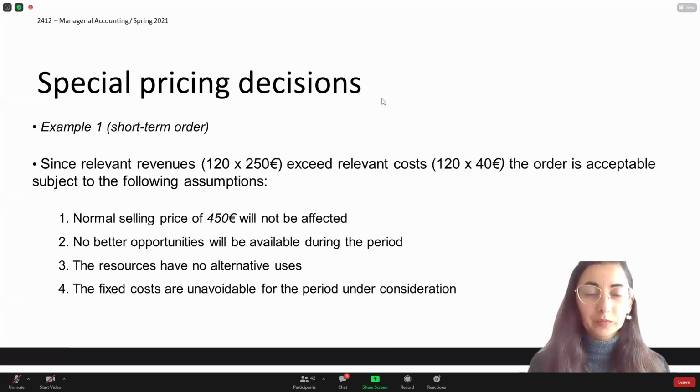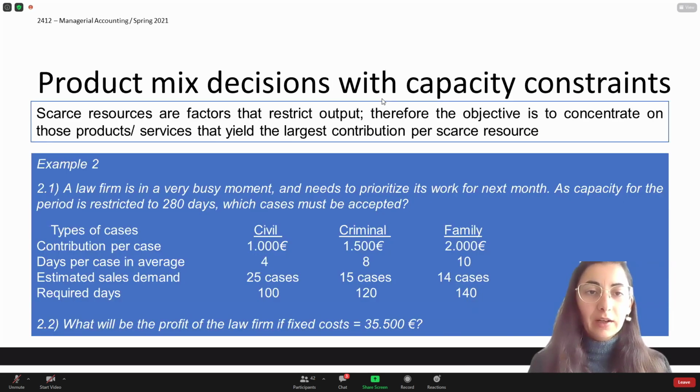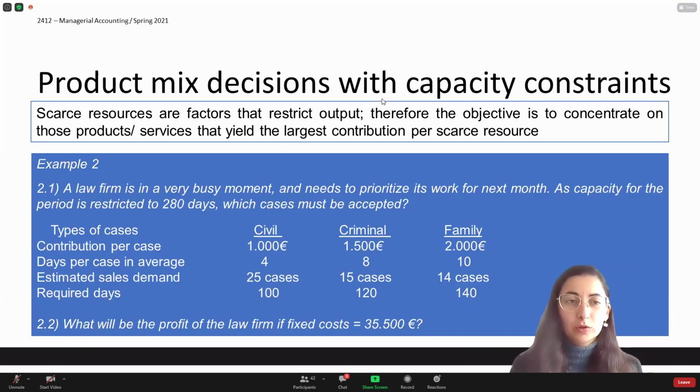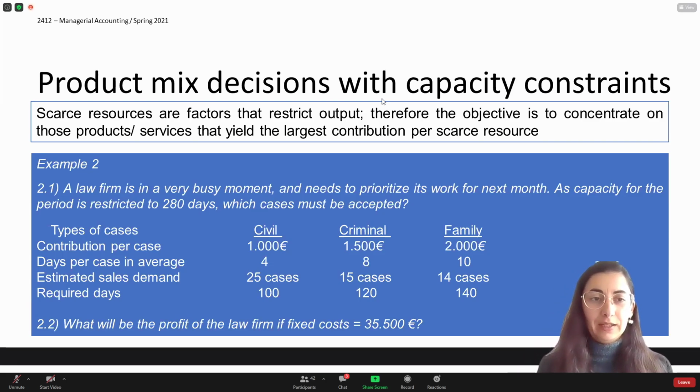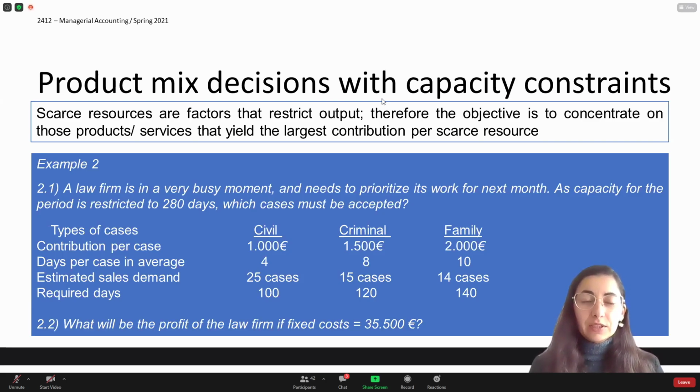No? So let's see these other examples. We have here an example of a product mix decision with capacity constraints. So we have scarce resources. When we have capacity constraints, we do not have capacity for all the demand, and this restricts the output.